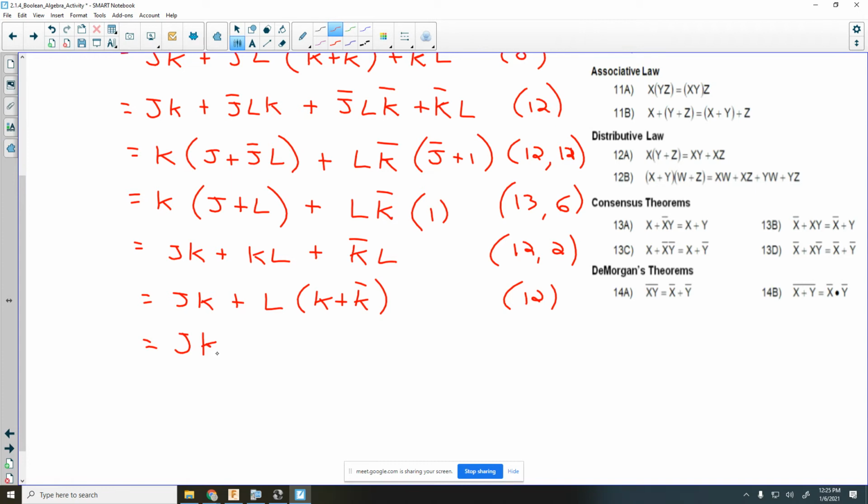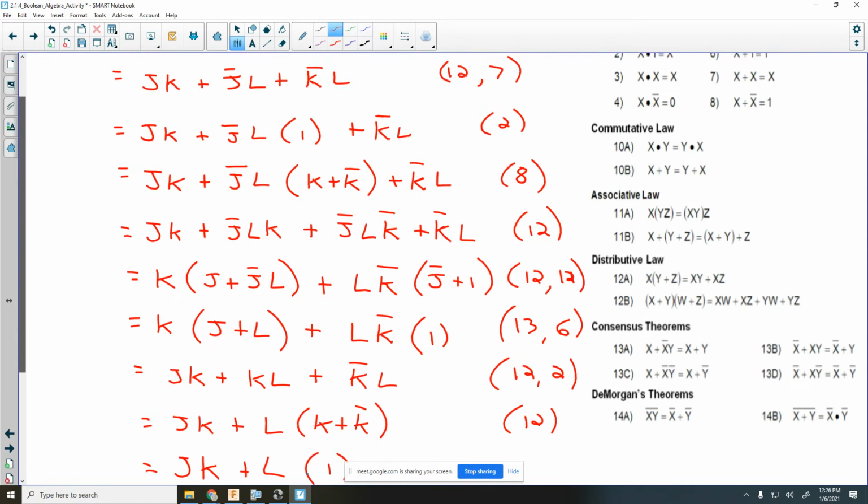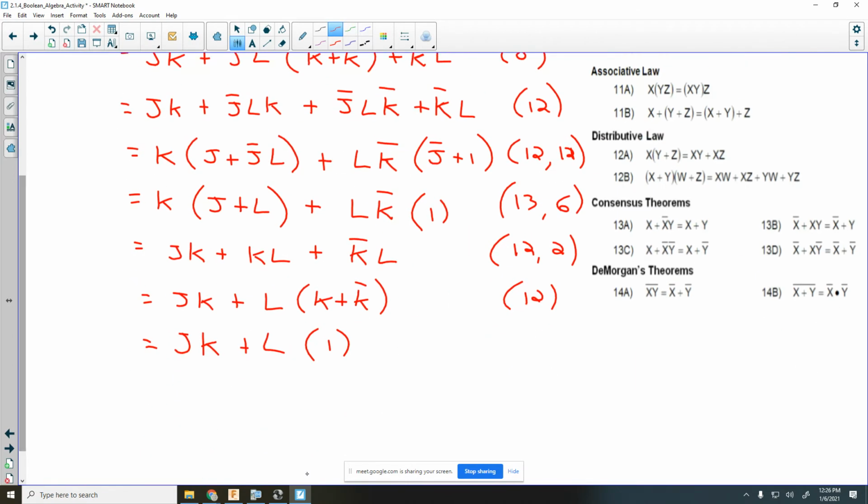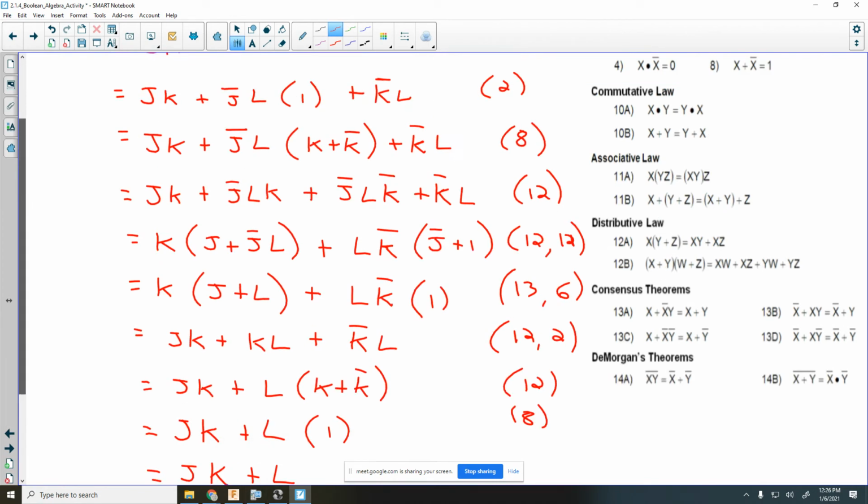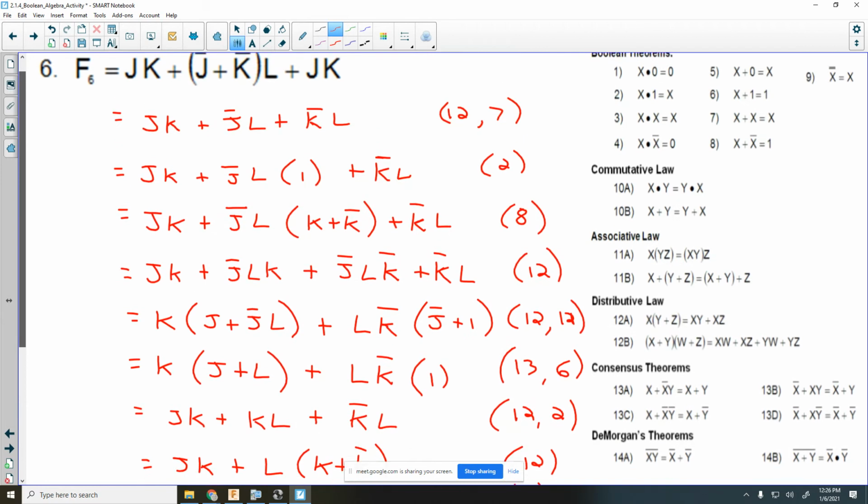So then JK or L and K or K naught is what, 1? And that's rule 8. And then that would give me JK or L. ANDing with 1 is what, rule 2?